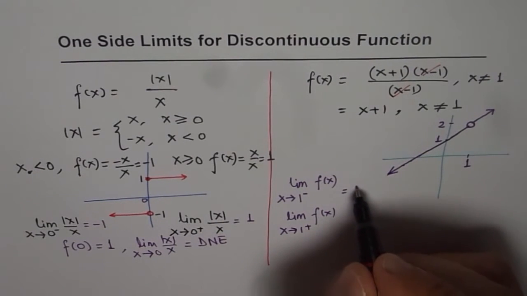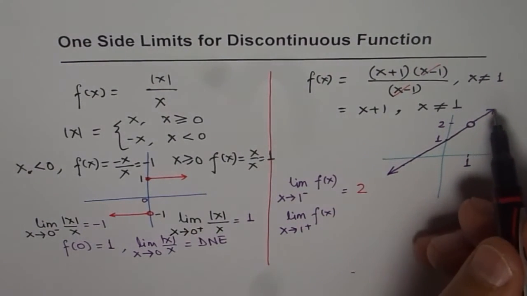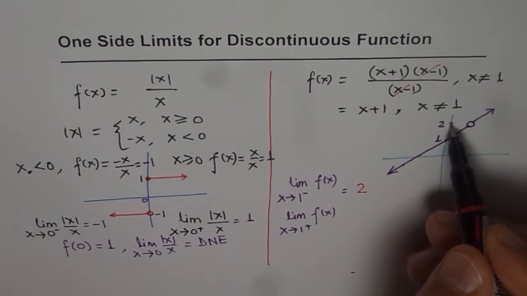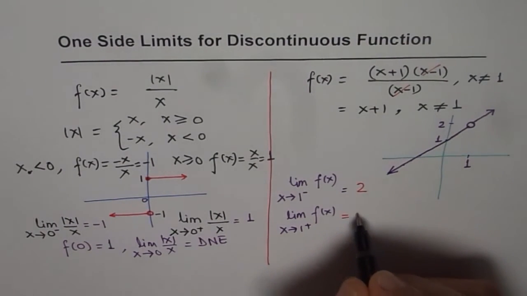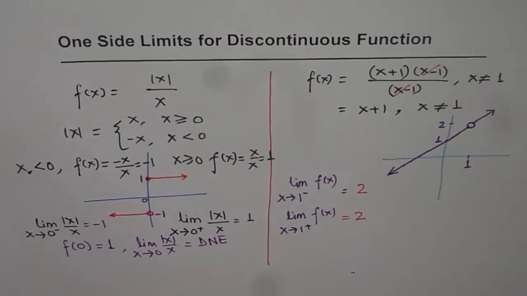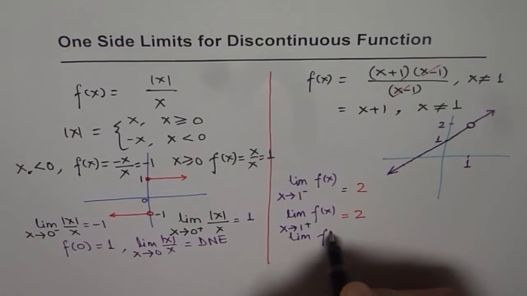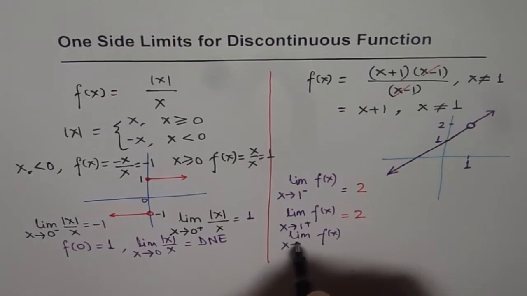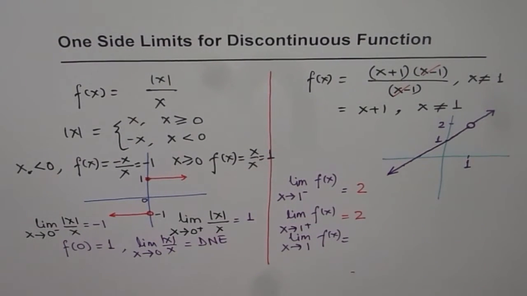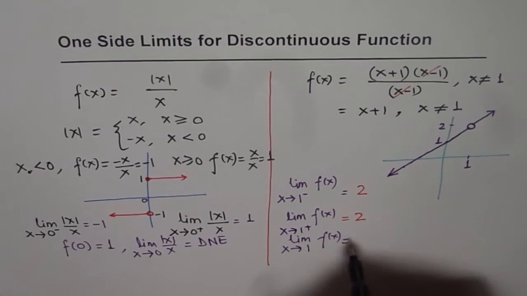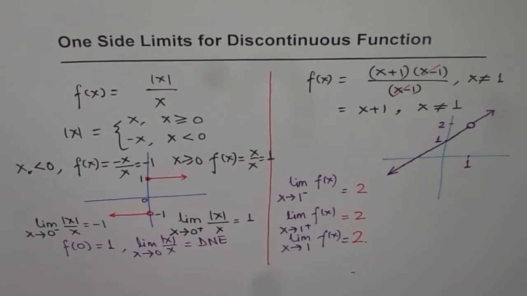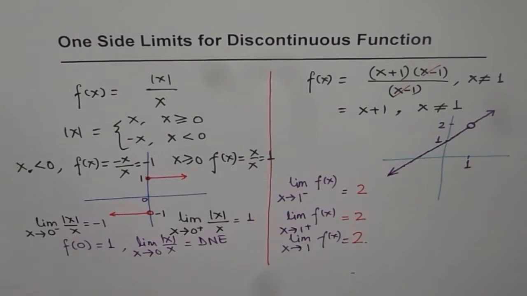So the limit is 2. If you are approaching from the right side, you are approaching the value 2, right? So this is also equal to 2. So what we see here is that the limit of the function f of x as x approaches 1 is 2, right? The limit exists. The function is discontinuous, but the limit exists, correct?